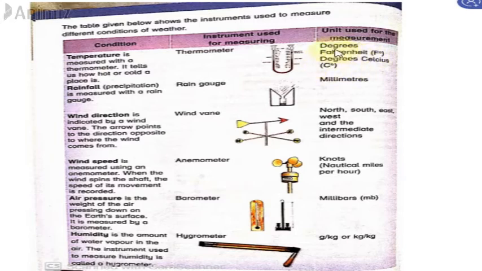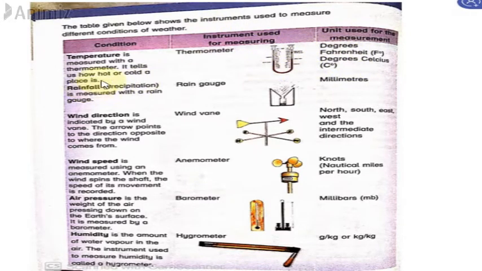In Pakistan we normally use degrees Celsius. In America and some European and other foreign countries, they use Fahrenheit, but we use degrees Celsius in Pakistan. These are the units of temperature.